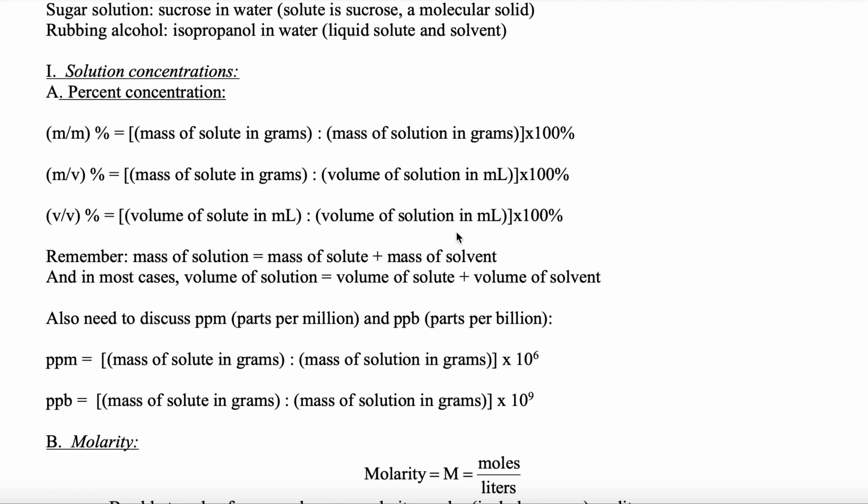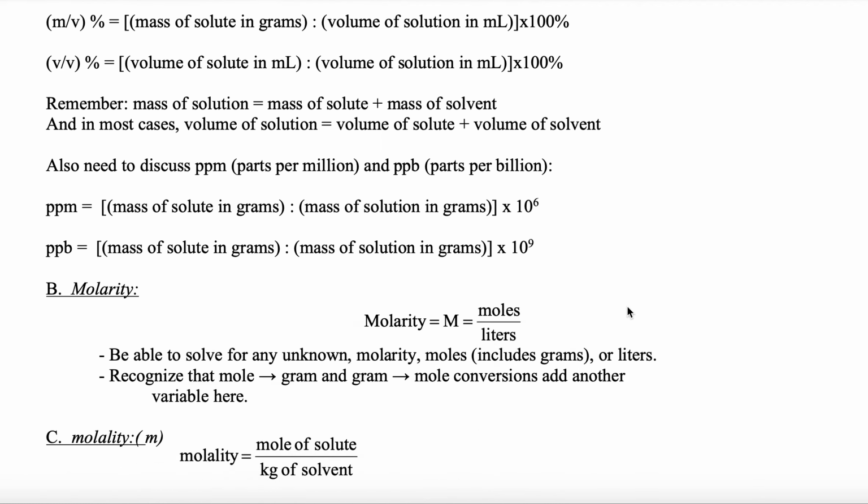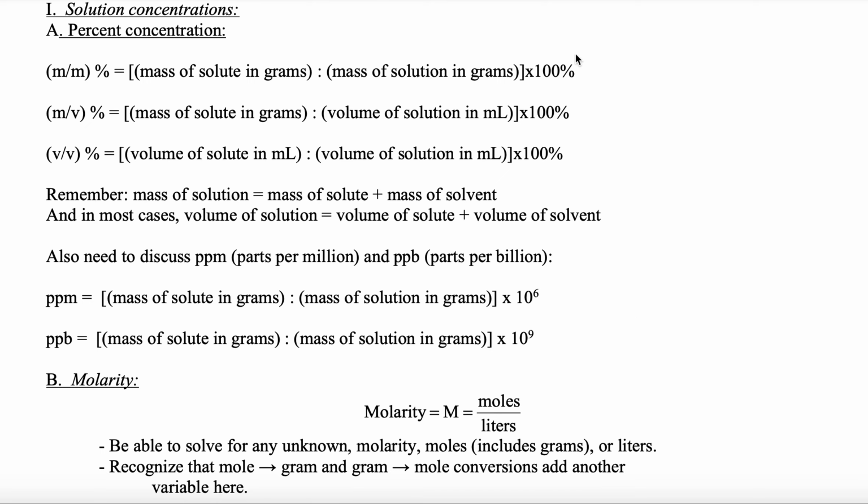And then you times 100, just not 1. Save that percent sign for the unit when you're done. And here it is. Remember, mass of solution is mass of solute plus mass of solvent. And in most cases, the volume is going to add up too. Now that's percent, meaning multiplied by 100.